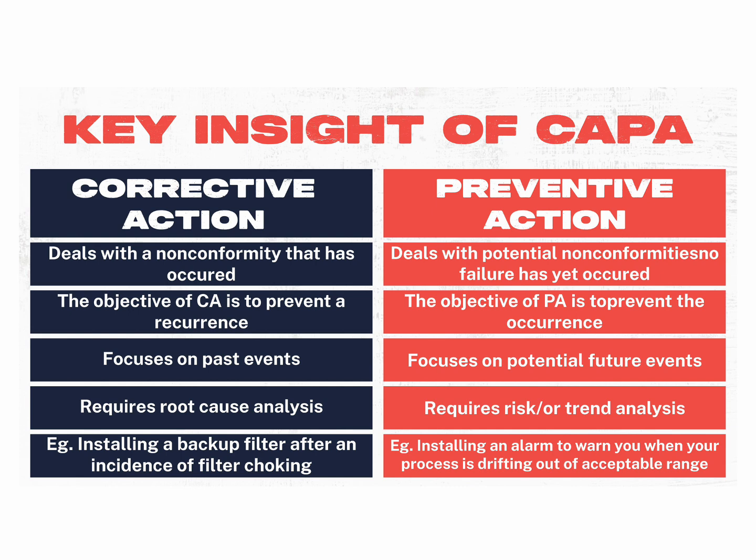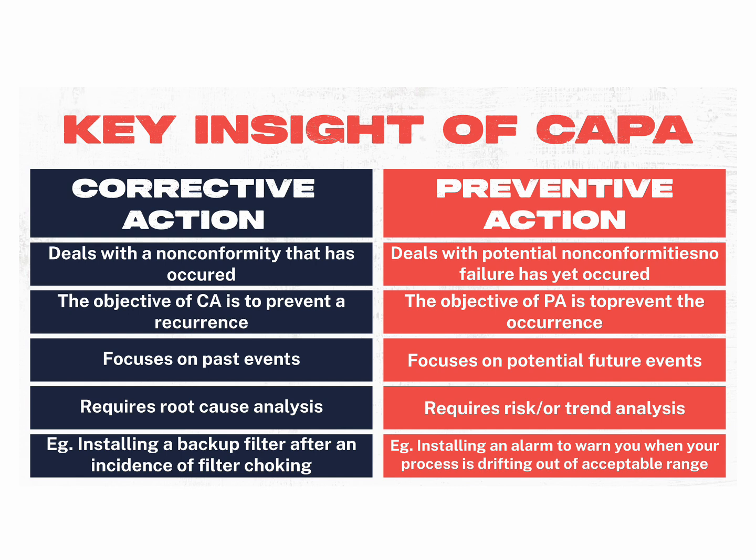Now, you may say, what is the difference in between corrective actions and preventive actions? So on the left of this slide, you can see that the first column is talking about the corrective action. So it deals with the non-conformity that has occurred. But the preventive action is dealing with potential non-conformities, failure, that of course has not occurred yet.